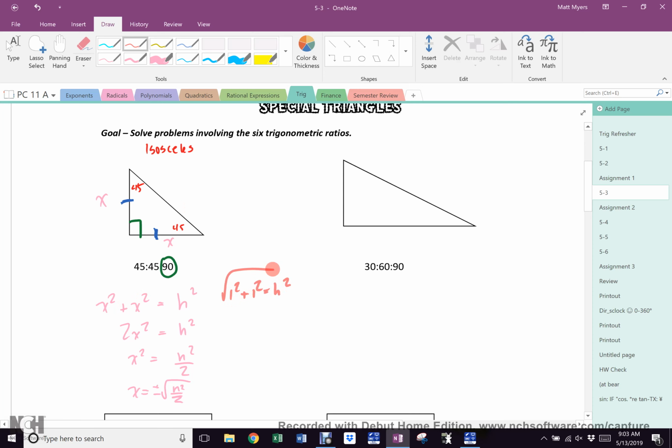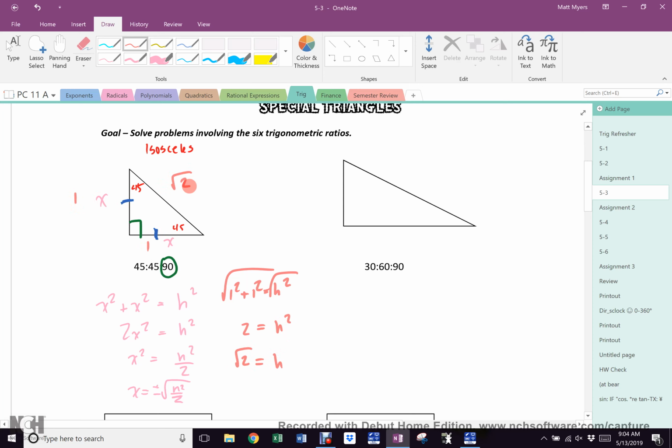If I square root that side, I would get h, would I not? Right? Okay, so what's 1 squared and 1 squared? 2 equals h squared, yes? So what does h equal? How do I get rid of that squared to get to h? Root 2. So x, we made them 1 and 1, which meant that was root 2.